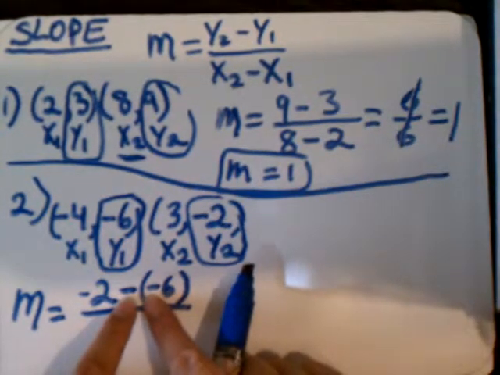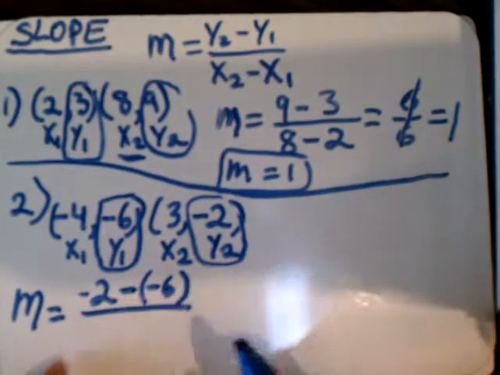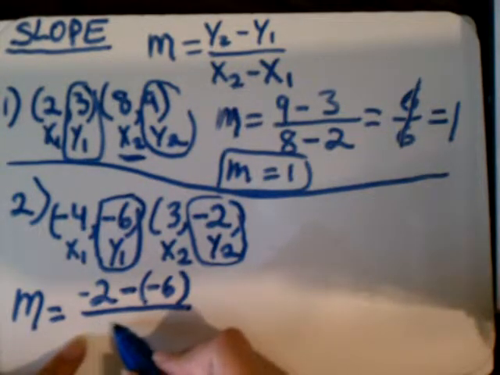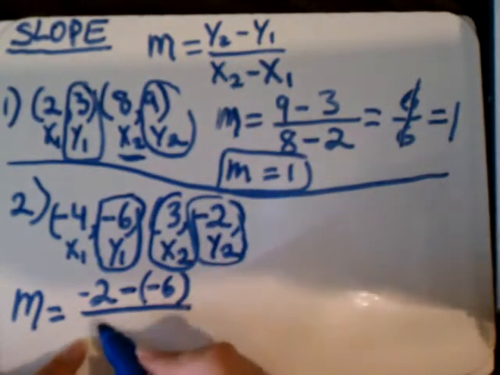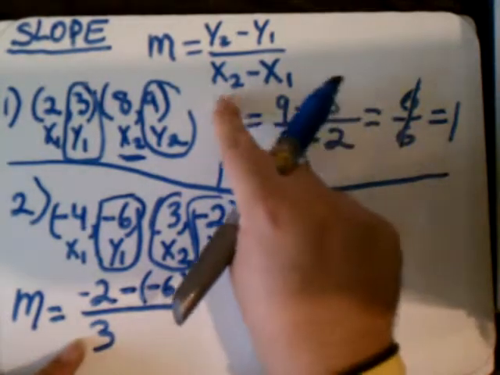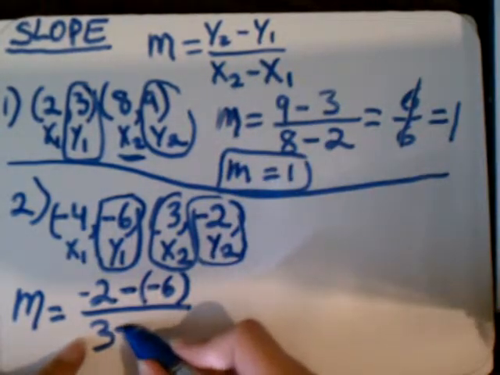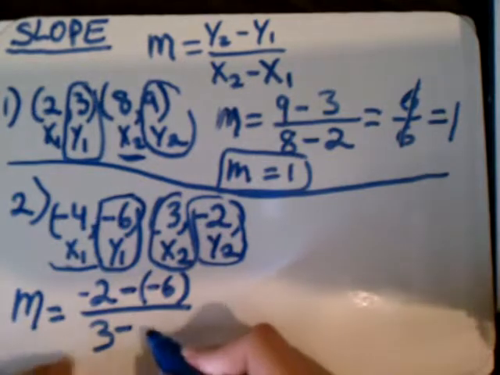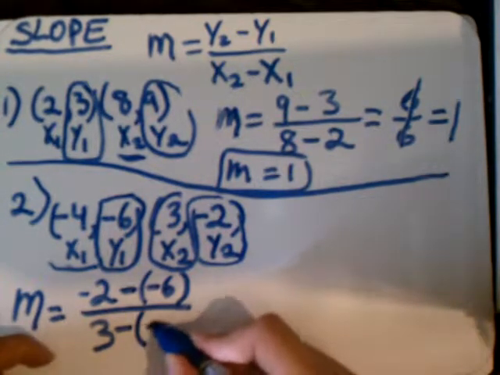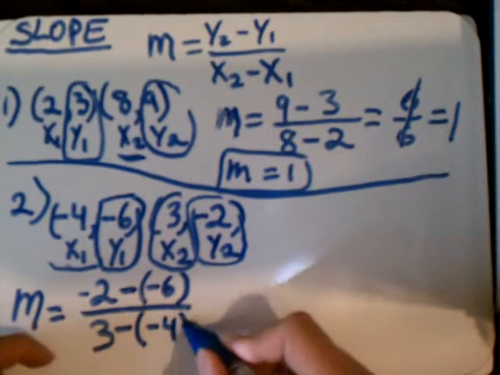Okay, you have to write both negatives. Let's see the bottom, x2, in this case is 3. The formula has the minus x1, in this case is -4. So again, parenthesis, -4. Okay?